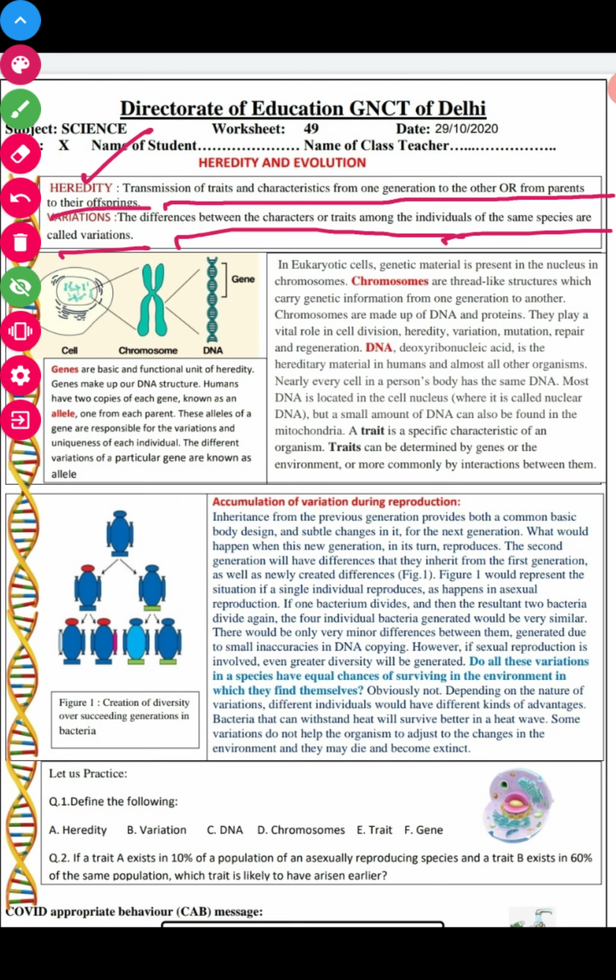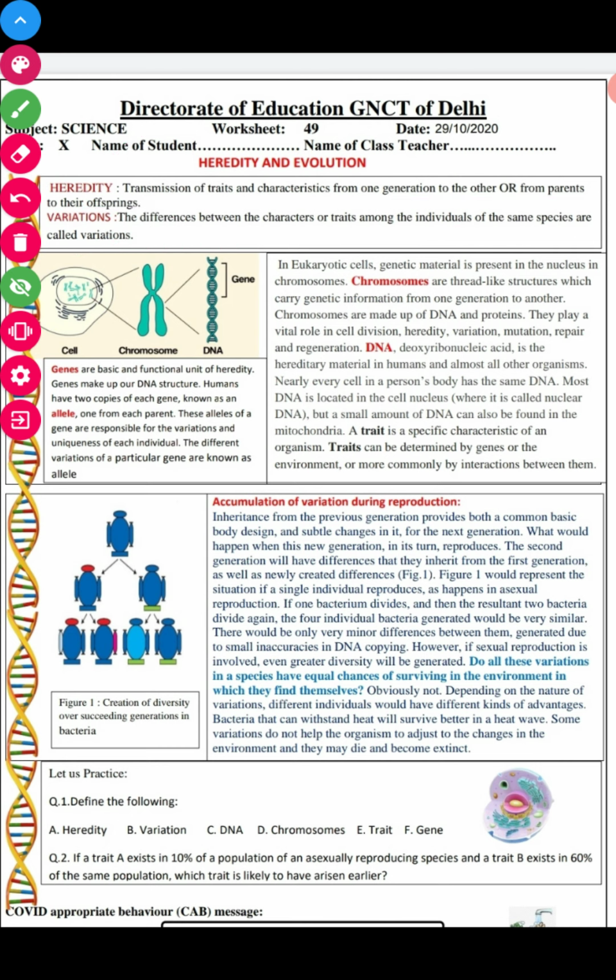When there are some changes due to so many factors, there are small changes in two individuals of the same species. That term is called variation.